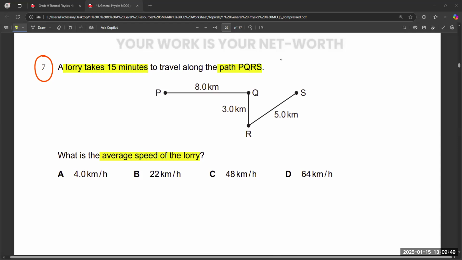So basically in this question, we need to find the average speed of the lorry. To find the average speed, what do we need to do?